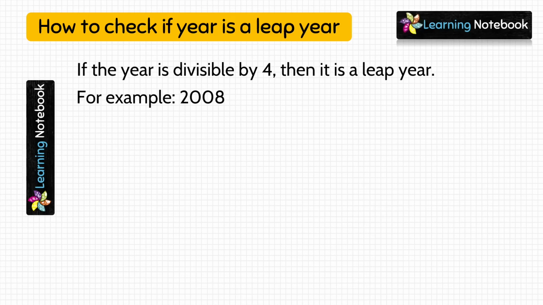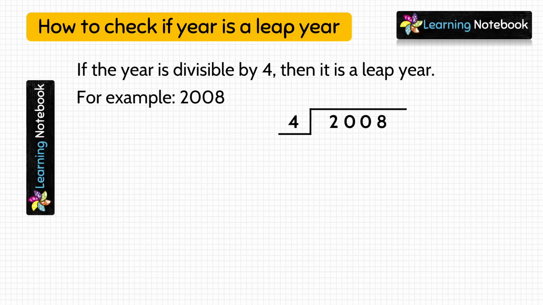We have to find whether this year 2008 is a leap year or not. So to check this, let's divide 2008 by 4. So form a tent and put 2008 inside the tent and divisor 4 outside the tent.